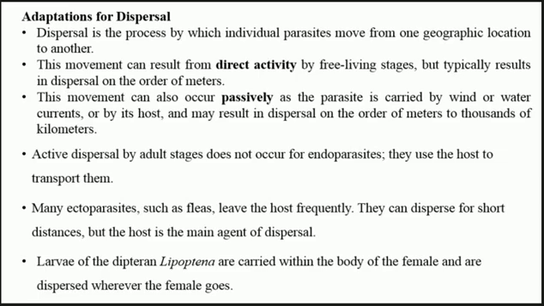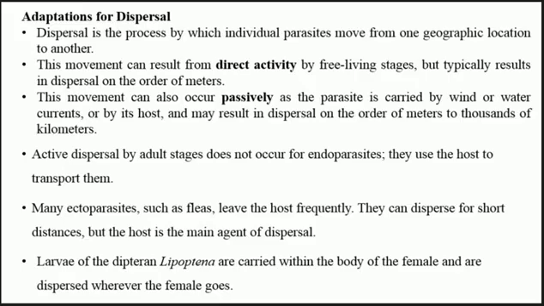Second, the movement can also occur passively, as the parasite is carried by wind or water current or by its host, and may result in dispersal. Now remember, adaptation for dispersal within the ectoparasites is of two types. One is called direct and second is called passive or indirect.